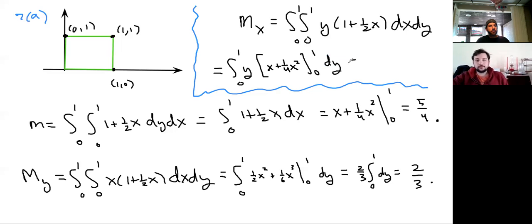So this becomes 5/4 times the integral from 0 to 1 of y dy. And when you integrate this, you get y squared over 2. So this just becomes 5/8. Again, you might have to verify all this yourself. It's never a bad thing if you actually do the details here. You might catch a silly error that I made, or maybe not.